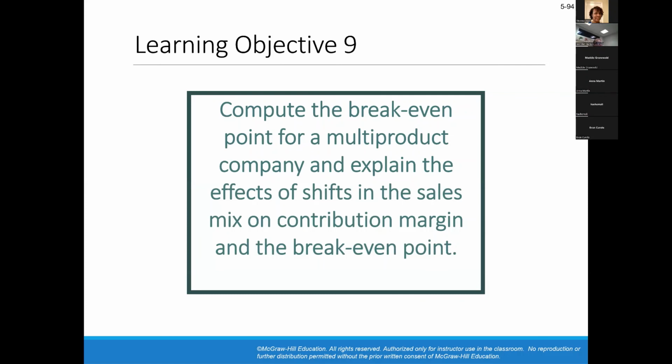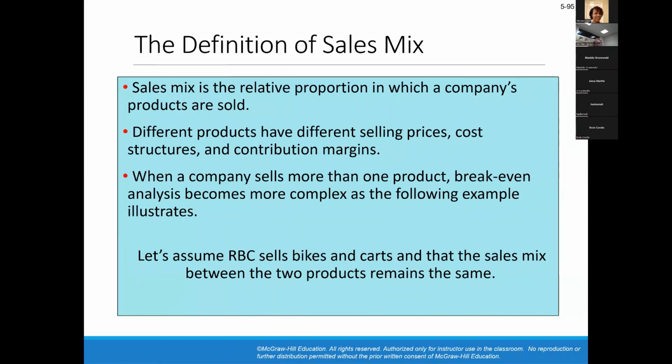Okay. All right. So now we're going to look at a multi-product company and the break-even point. The sales mix is the relative portion in which the company's products are sold. Different products have different selling prices, cost structures, and contribution margins.